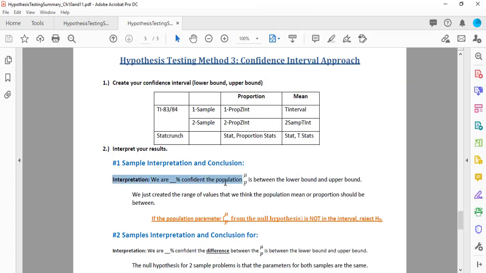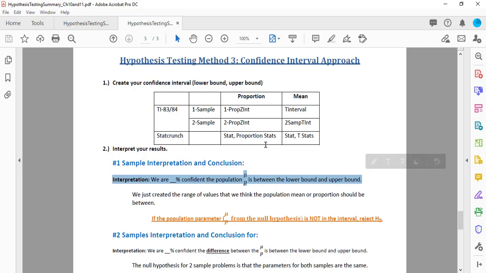We interpret our results, and we did this in chapter 9. We say that we are blank percent confident, so 95%, 99%, or 90% typically confident that the population mean, if it's a mean problem, or the population proportion, if it's a proportion problem, is between the lower bound and the upper bound, the smaller number and the bigger number.